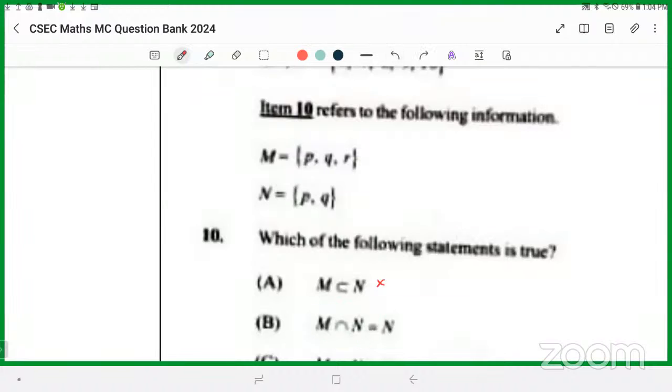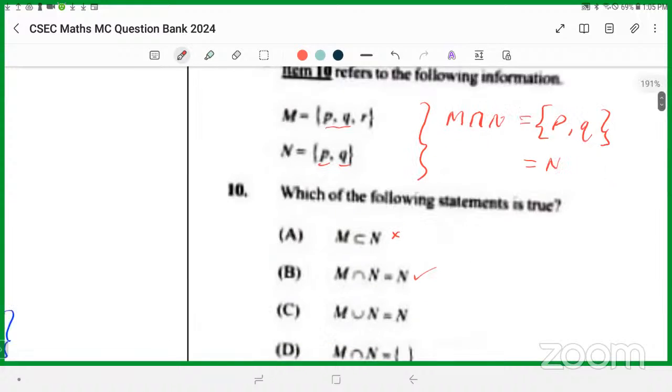Now, first, what is M intersect N? Let's write it out. M intersect N would be the set of P and Q. And P and Q actually is the set N. So this one is true.